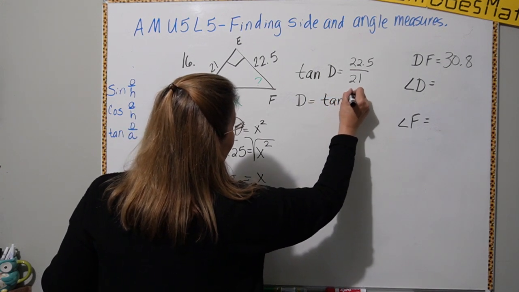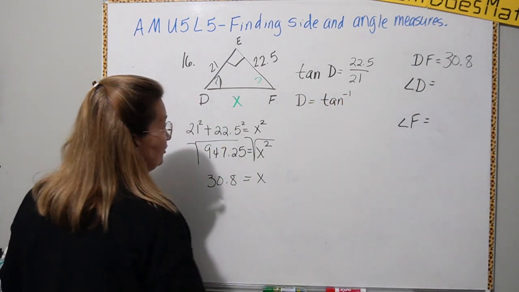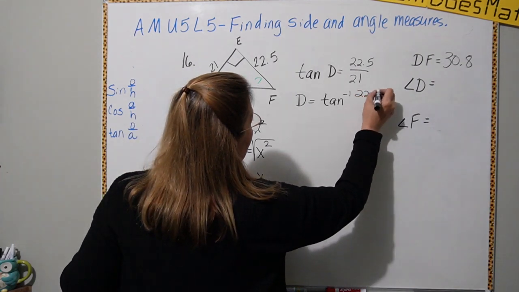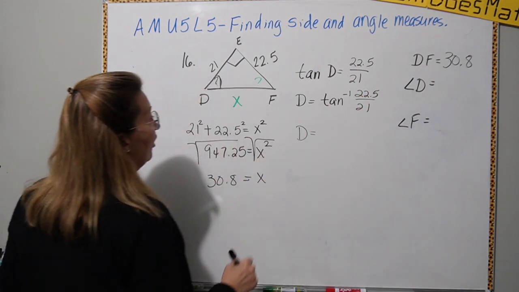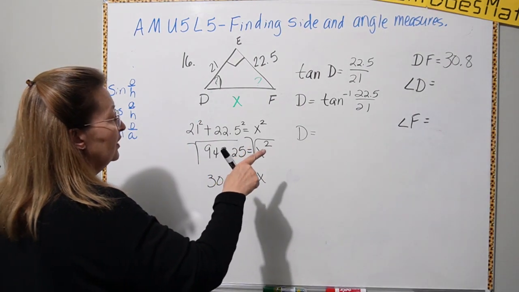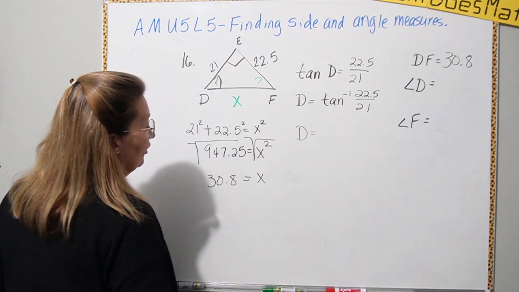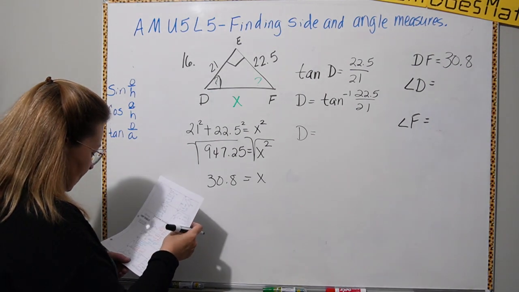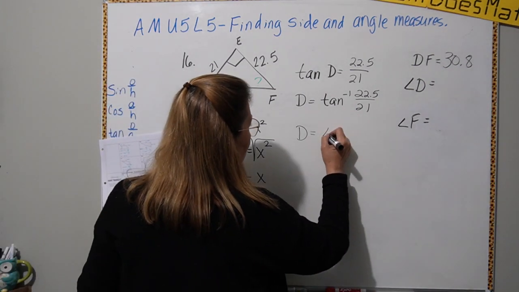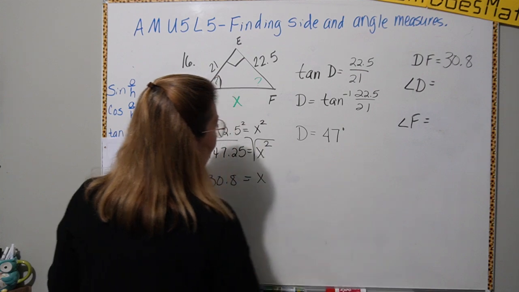So I'm going to find inverse tangent of 22.5 over 21, and that's a calculator problem. Hit that tangent button twice to get the inverse, and then 22.5 over 21, and hit enter, and that's going to round up to 47 degrees.